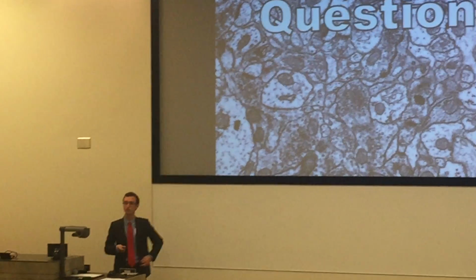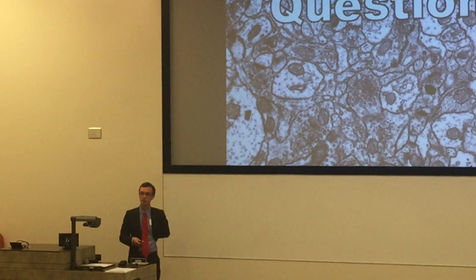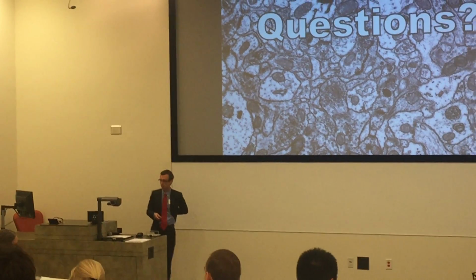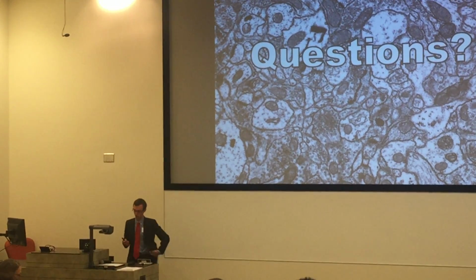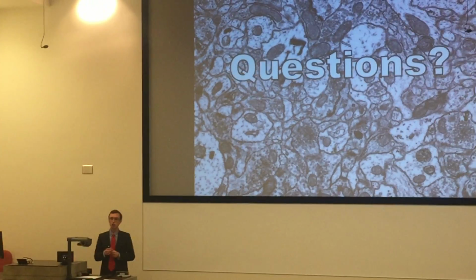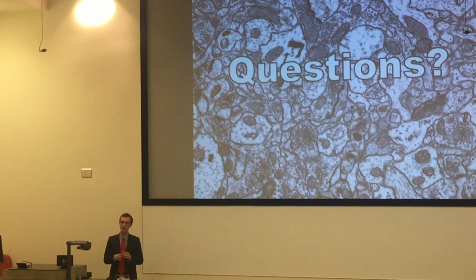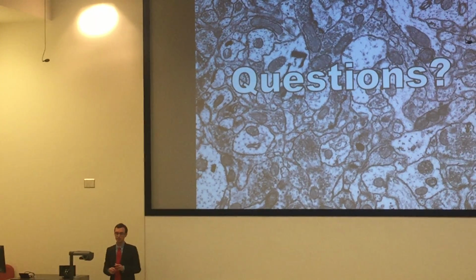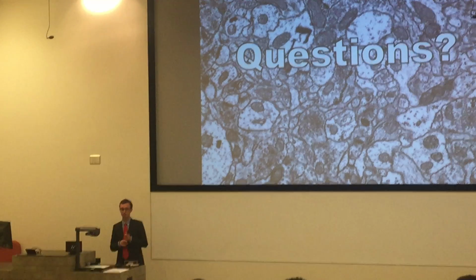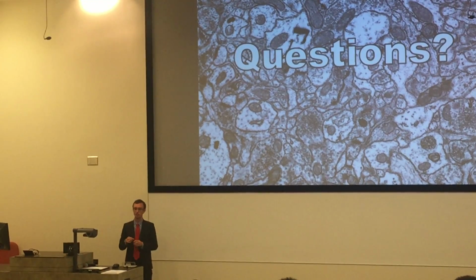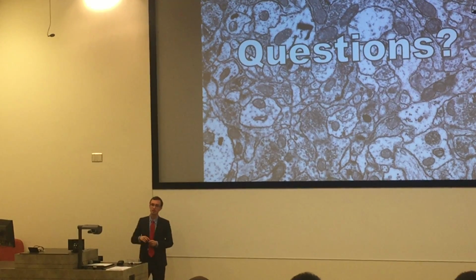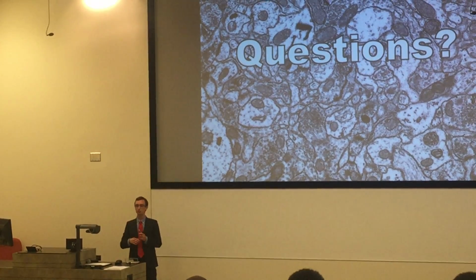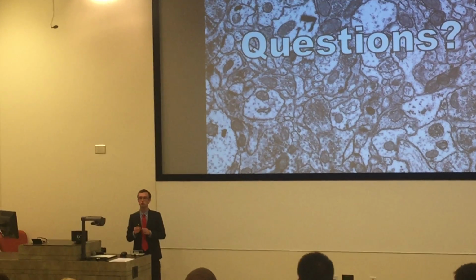One more question. Where do you go from here? Do you have any applications you hope this ends up being useful for? So going from here, within the dentate granule cell we looked at how the spine apparatus distribution changes as a function of proximity to the cell body, but we still need to do that in the pyramidal neuron.